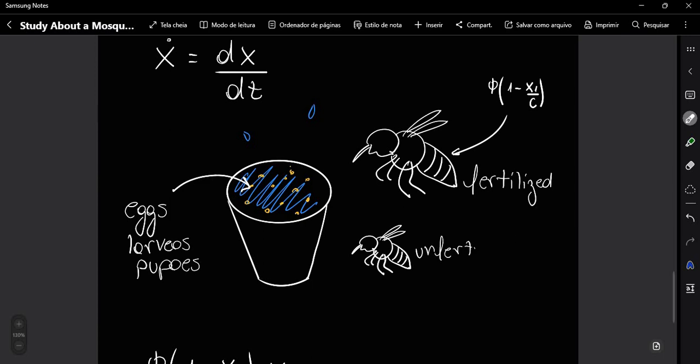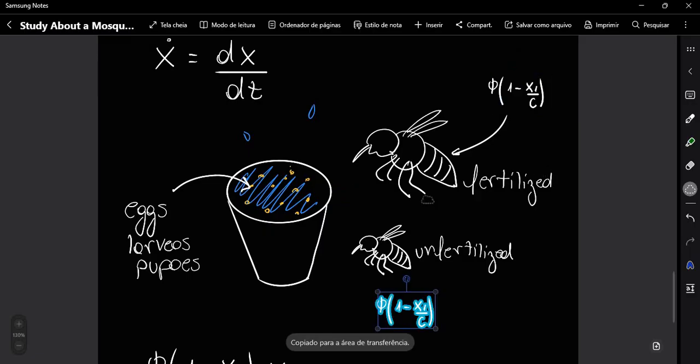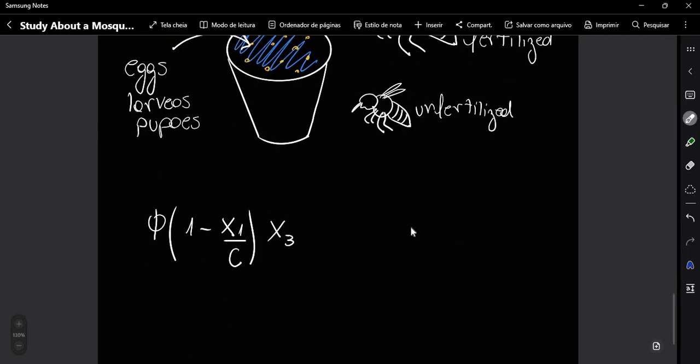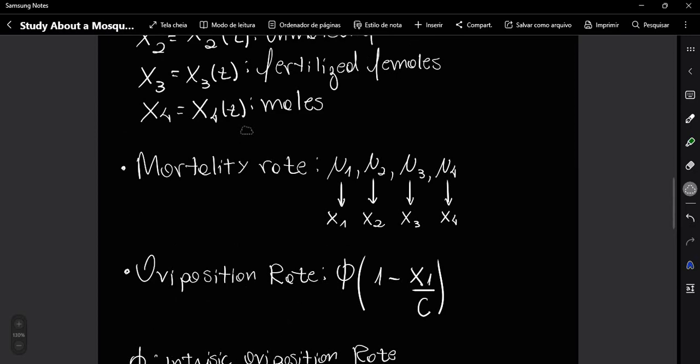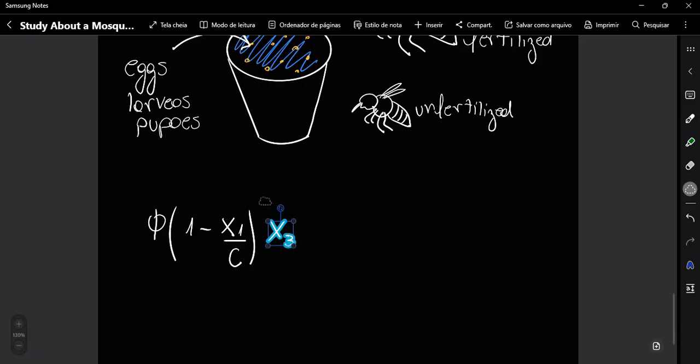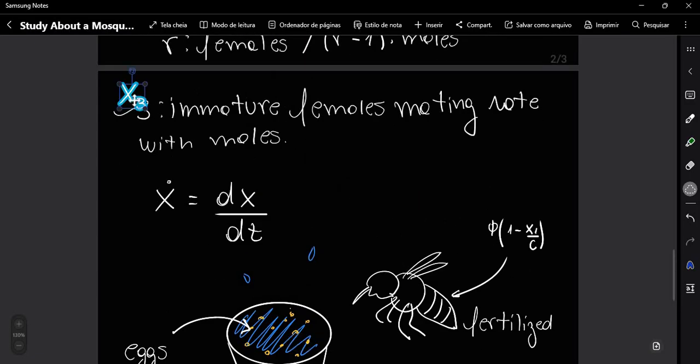And if this mosquito is not fertilized, it will be related to another variable. Okay, so X3 is for the fertilized females. So this variable is directly related to this mosquito, fertilized female.